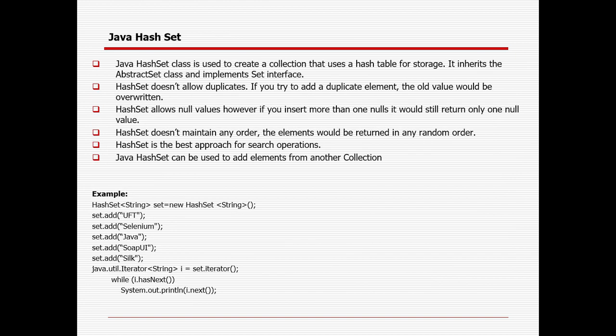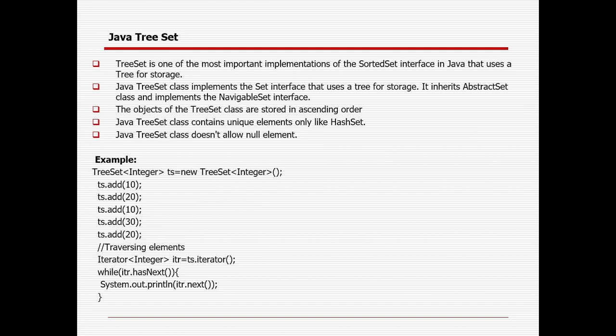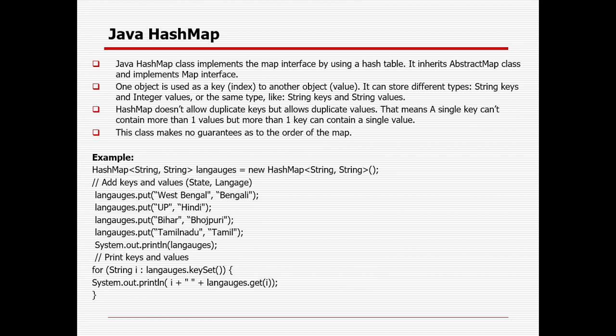HashSet does not maintain any order, but it contains unique elements. TreeSet contains unique elements and keeps them sorted in ascending order. HashMap is for key-value pairs, and it can be integer-string or string-integer.